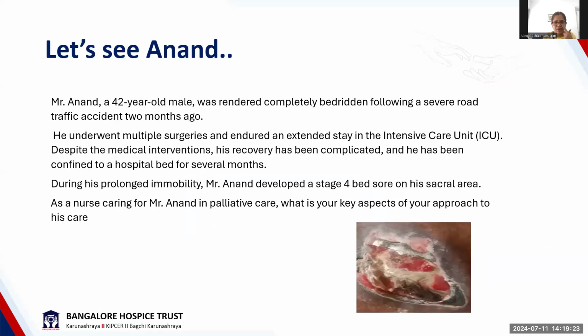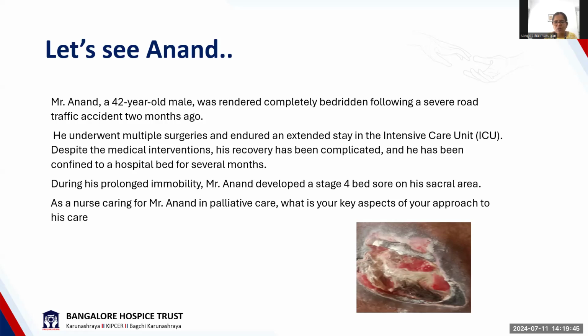Let us see Anand. Okay. This Anand is a 42-year-old man. He was completely bedbound. His life has become very uncertain because of a road traffic accident. It happened 2 months ago, and post accident he underwent multiple surgeries and was in ICU.